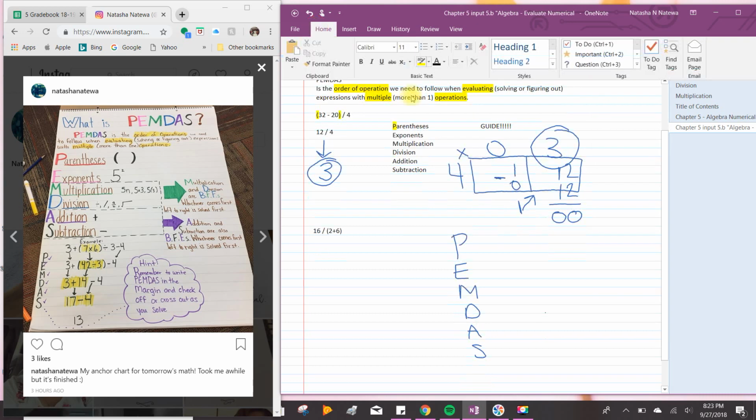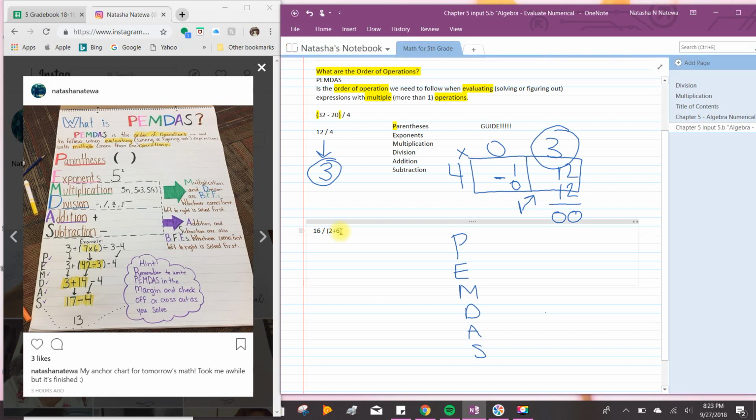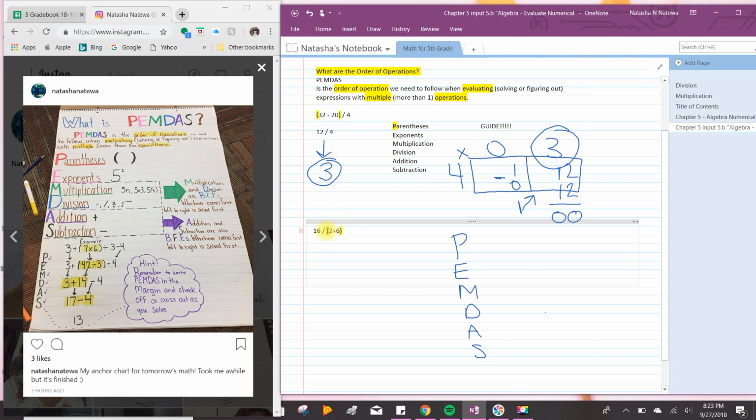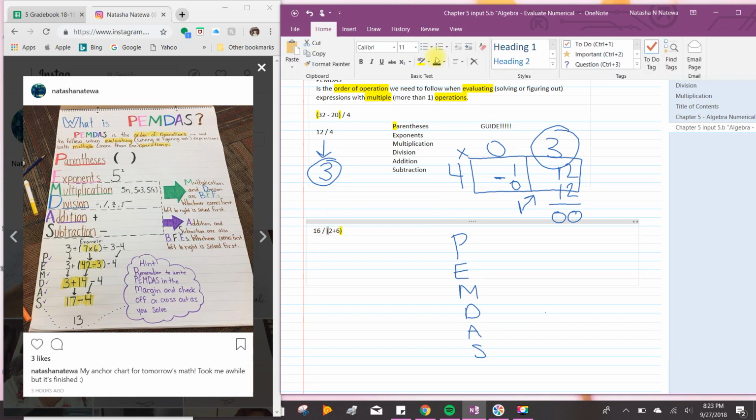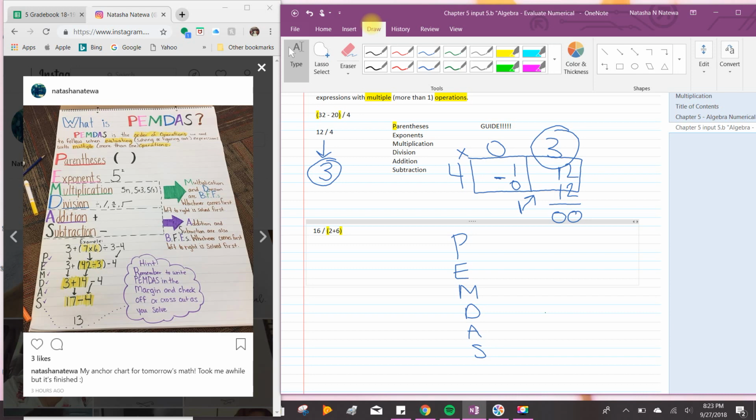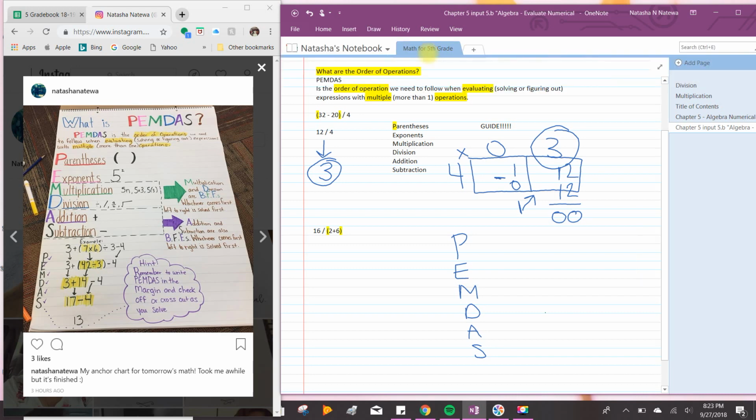I suggest you get your highlighter out as well and highlight the parentheses, because those are the first things we see. So highlight that. Alright, parentheses. So that means we have to add first, right? And it doesn't matter that addition's at the bottom here in PEMDAS, it's the A. All that matters is that there's parentheses. So we have to do the addition part. So we're going to add first.